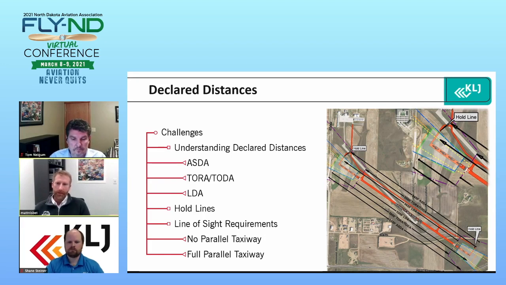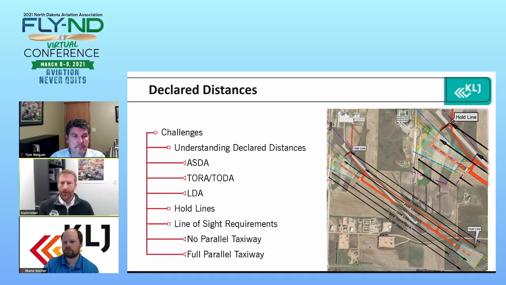But what we had to do here for Watford City was more or less have, along with displaced thresholds for certain operations in certain directions, you had to be wheels up if you were taking off to the northwest, coming from the 30 end over there at the displaced threshold point, in order to clear the RPZ.